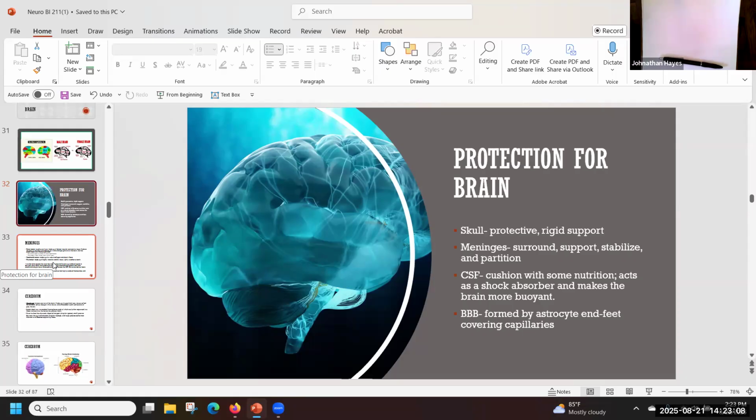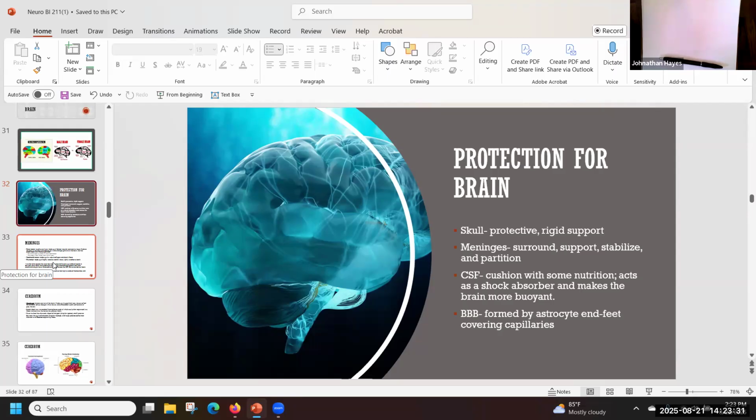So there's a limited space between your brain and the skull. There's a limited space between your brain and its surrounding structures of the vertebral column. And filling in that space, we have fluid, cerebrospinal fluid, which is going to act as a shock absorber and provide some nutrients. And then you have the meninges. The meninges kind of serve two purposes. One is it's a physical barrier. It's physically protective.